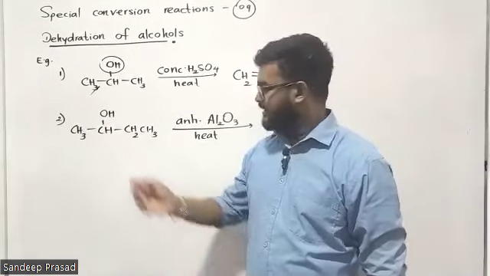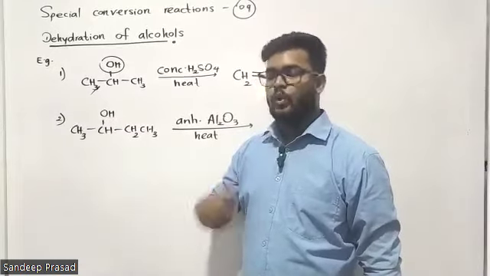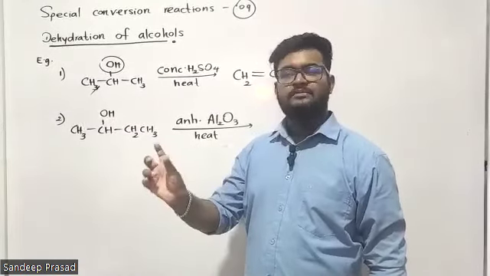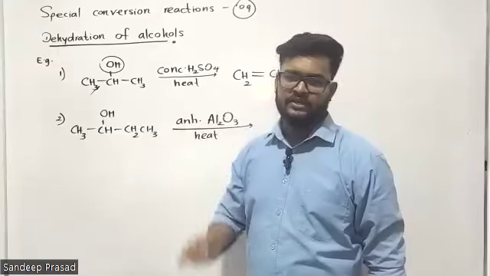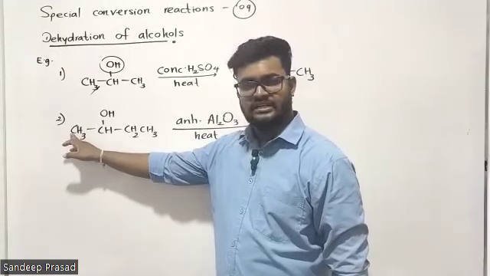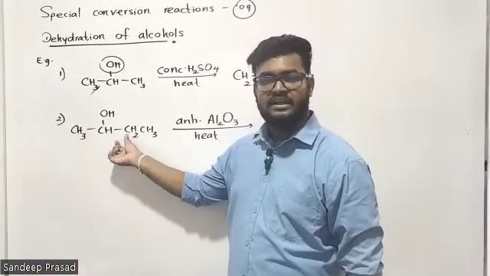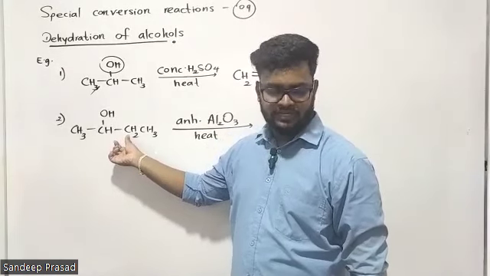The Zaitsev rule says that when hydrogens are eliminated from the neighboring carbon atoms, it is always from the carbon atom connected to fewer hydrogens. Now, the left-hand side neighboring carbon atom has 3 hydrogen atoms. The right-hand side carbon atom has 2 hydrogen atoms.